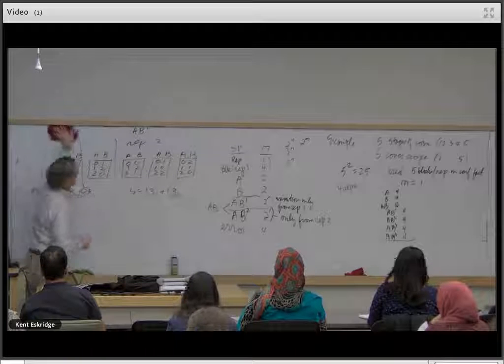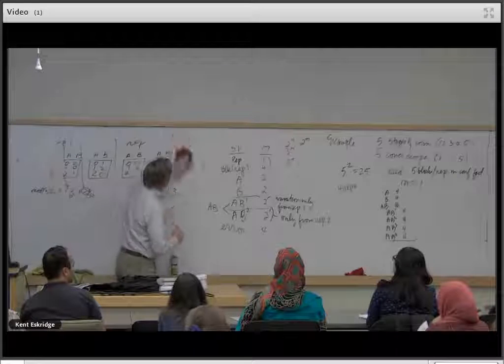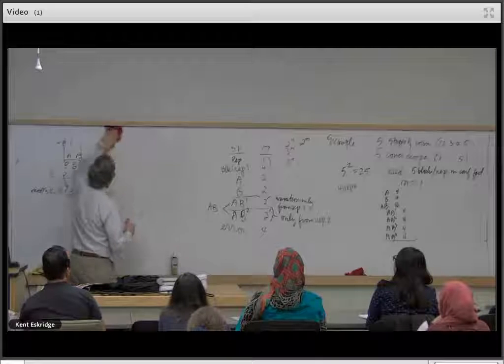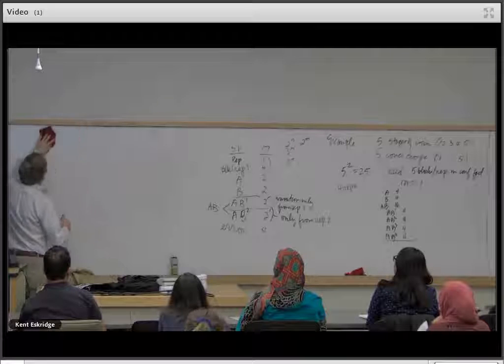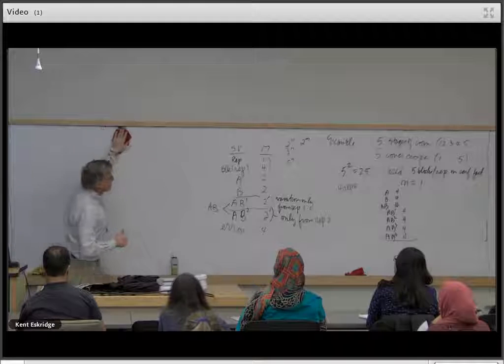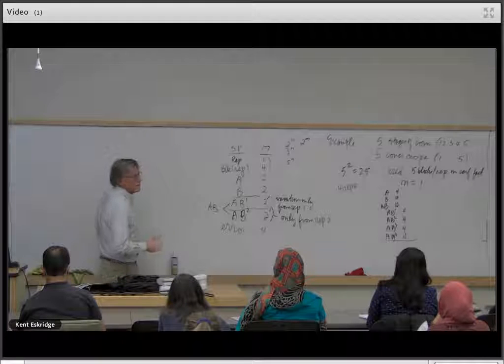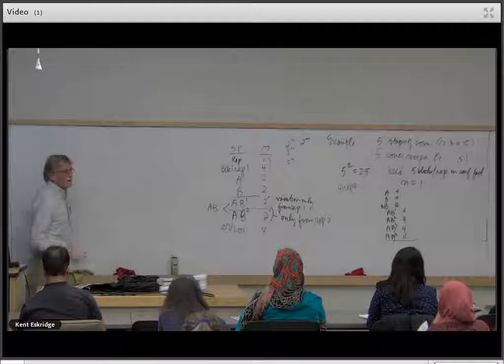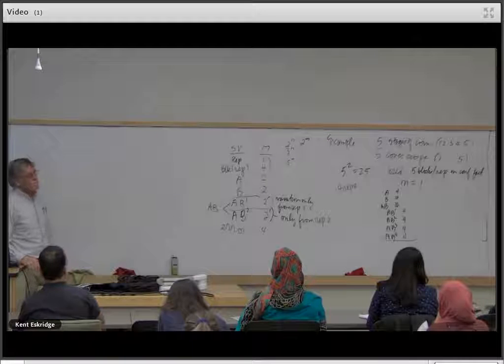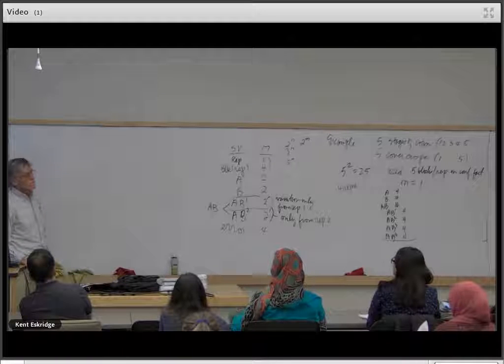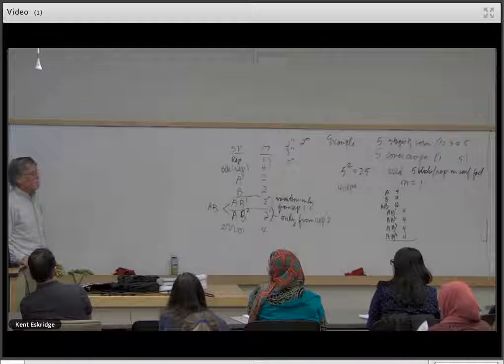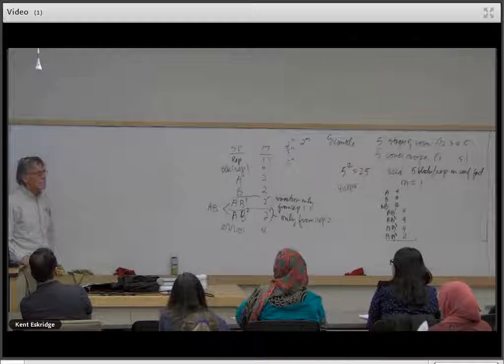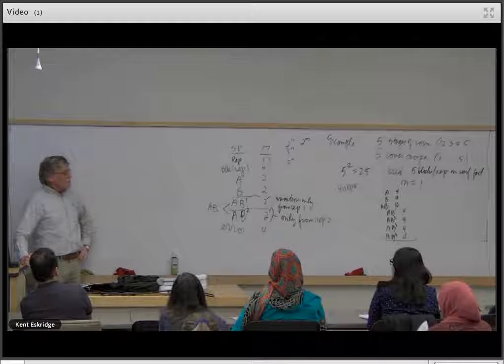Just ask you something. If she used RCBD and had no reason to believe that blocks would be heterogeneous, did she have a reason to believe they were not homogeneous here?